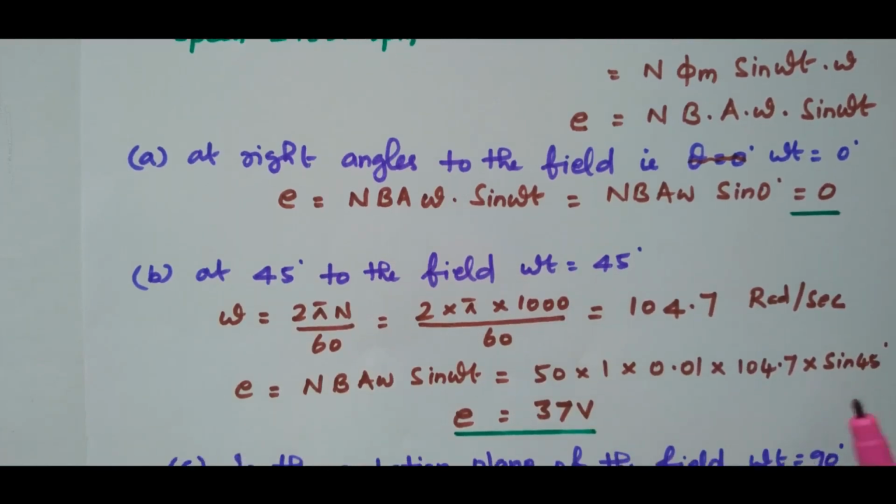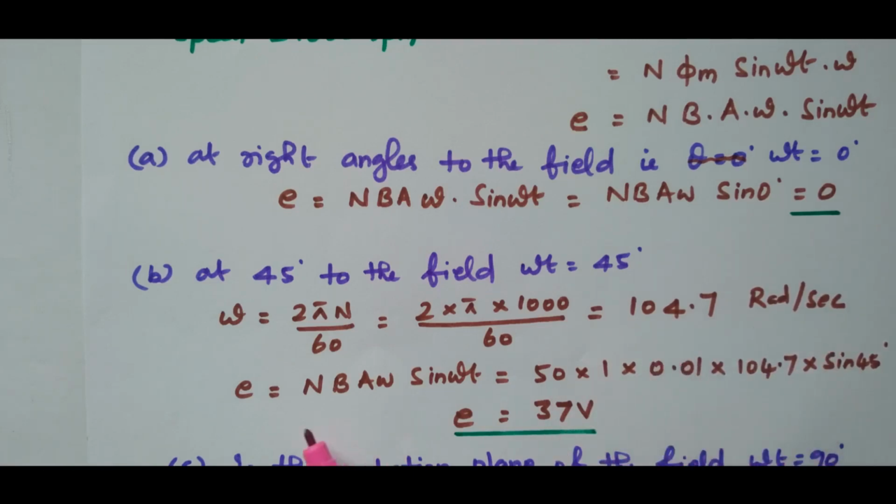Next, at 45 degrees to the field, that is omega t equal to 45 degrees. In this we need the omega value. So omega equal to 2 pi N divided by 60. That is 2 into pi into N, the speed of rotation, 1000, divided by 60, so 104.7 radian per second.